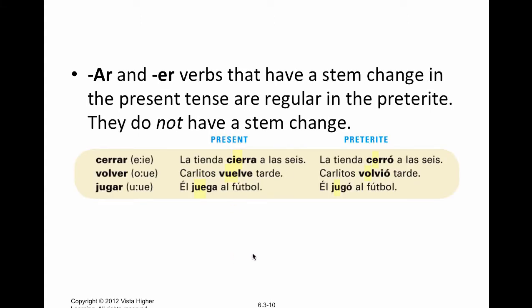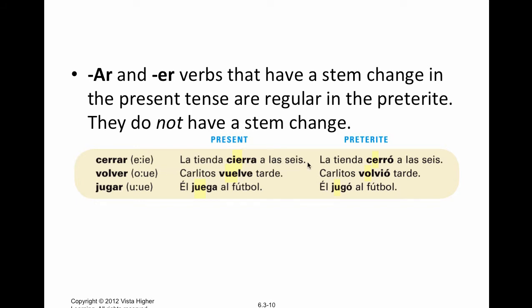AR and ER verbs that have a stem change in the present tense are regular in the preterite. They do not have a stem change. Okay. So earlier in the textbook, we practiced stem change verbs. So for example, we see an E to IE with the verb cerrar. Okay, la tienda cierra a las 6 in the present.